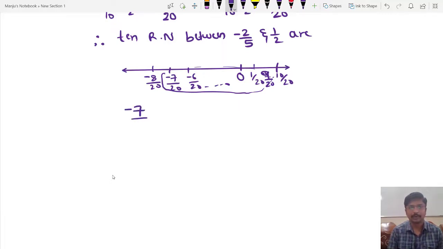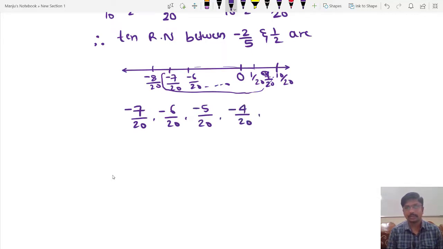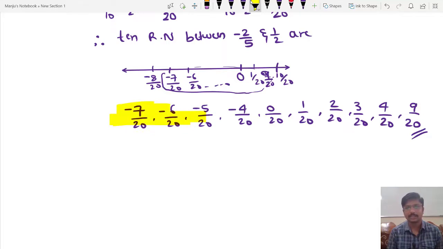That is minus 7 by 20, minus 6 by 20, minus 5 by 20, minus 4 by 20, 0 by 20, 1 by 20, 2 by 20, 3 by 20, 4 by 20, 9 by 20. Therefore, these are the 10 rational numbers between minus 2 by 5 and 1 by 2.